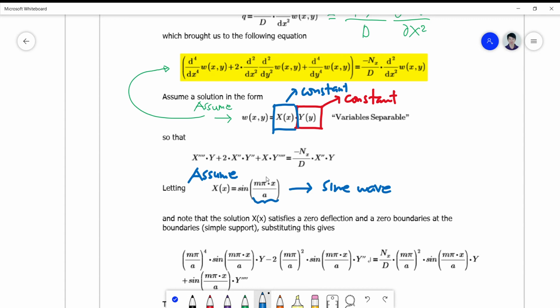We did this last time when we derived the Euler buckling load.